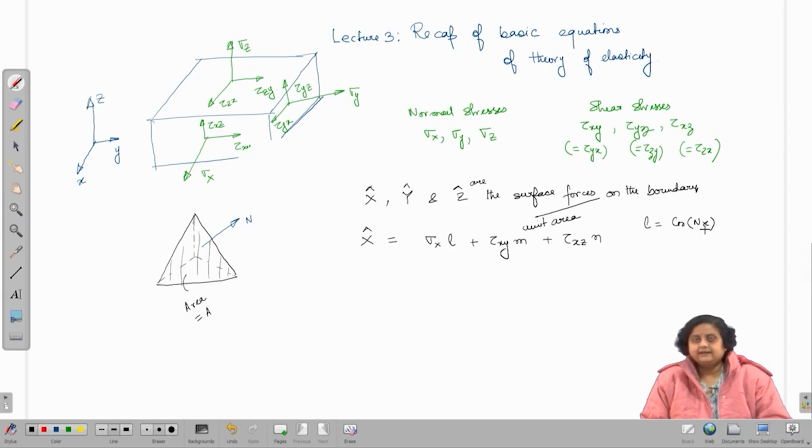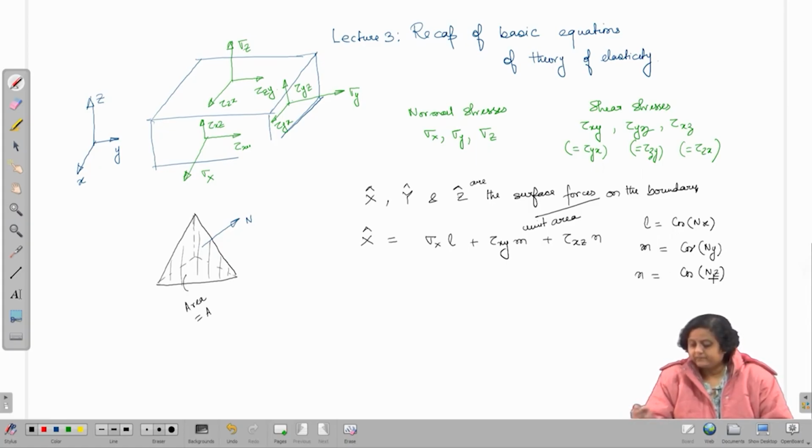So, l is the cosine of the angle between the normal n to the surface and the x axis. Similarly, m is the cosine of the angle between the normal to the surface and the y axis, and so is n, cos(n, z).